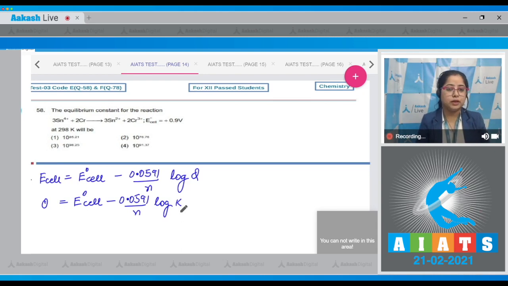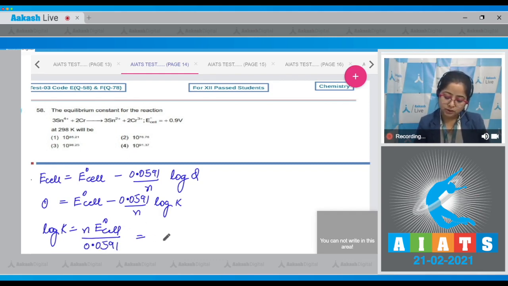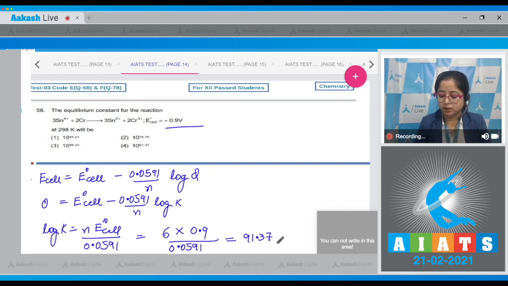Now students, we can calculate the value of K. So log K is equal to n E naught cell upon 0.0591, which is equal to, putting the values, since the value of n for the reaction is 6, multiplied by 0.9, since we are given the value of E naught cell, upon 0.0591, which is equal to 91.37.